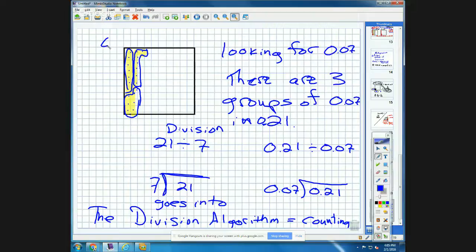I had to count to solve this. If I'm counting, what kinds of numbers am I working with? Yeah, the whole numbers, counting numbers. So the bottom line is the division algorithm really works best if we're working with whole numbers. And so what we want is to be counting by whole numbers.